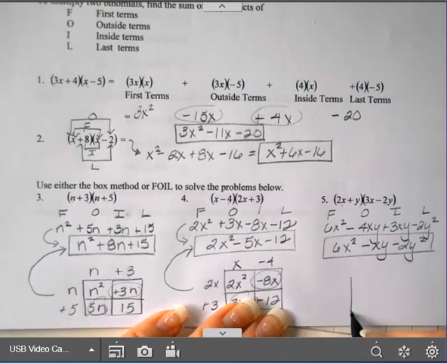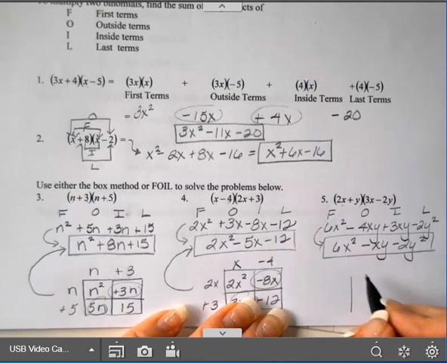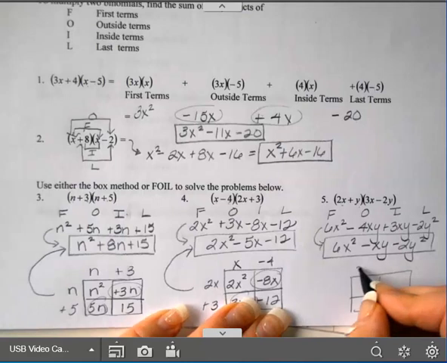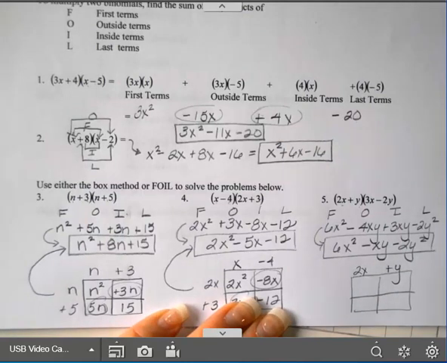Using the box method, across the top, I'm going to put 2x and plus y, and then on the side, 3x and negative 2y. Multiply those together. That's our first term. If I go below here, it doesn't matter what order you multiply these.